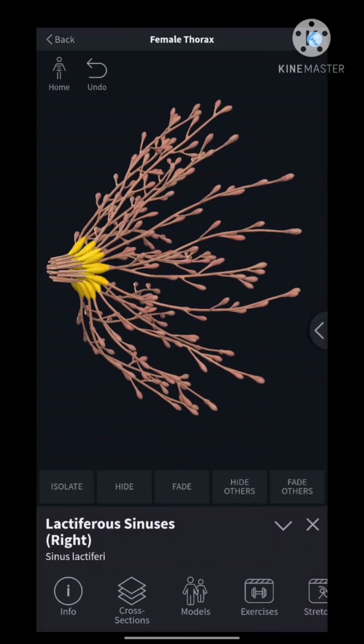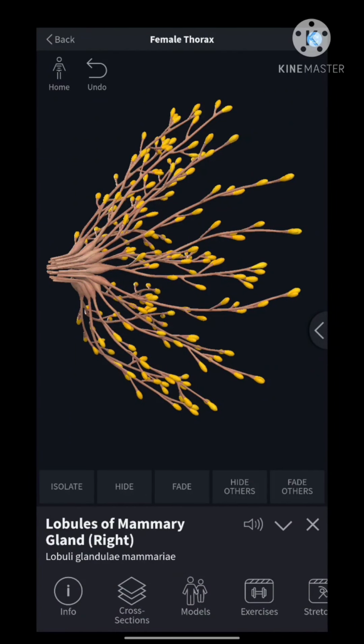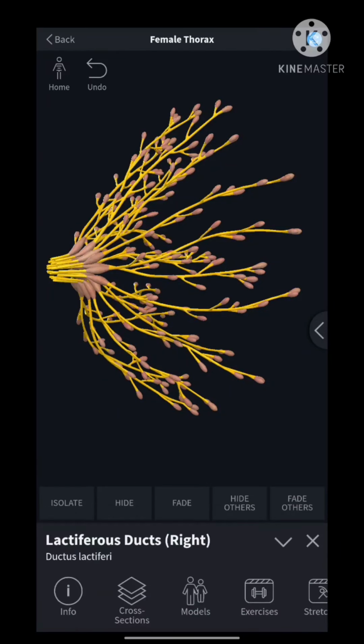If we go again from where the milk starts, where the milk is produced, these are the structures in which milk is produced, known as alveoli or the lobules of the mammary gland. From the mammary lobules, the milk is transported into the lactiferous duct that you are seeing over here in yellow. One thing I also want to mention is that in some books you will see that from the alveoli arises a mammary duct, and mammary ducts join to form the ampulla region where the milk is temporarily stored, and from the ampulla arises the lactiferous duct.